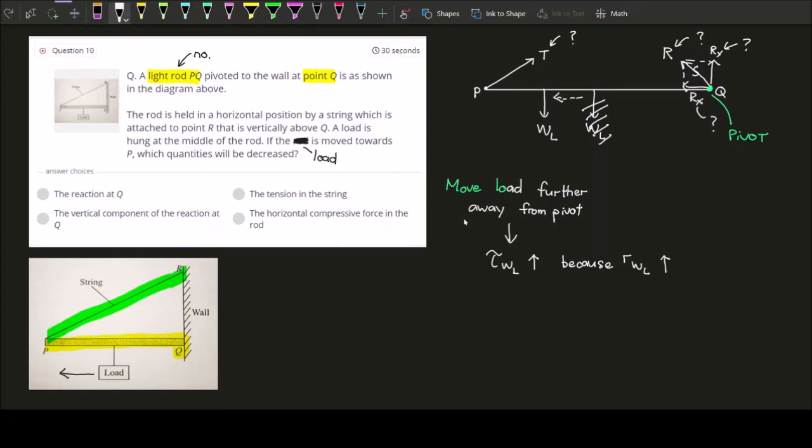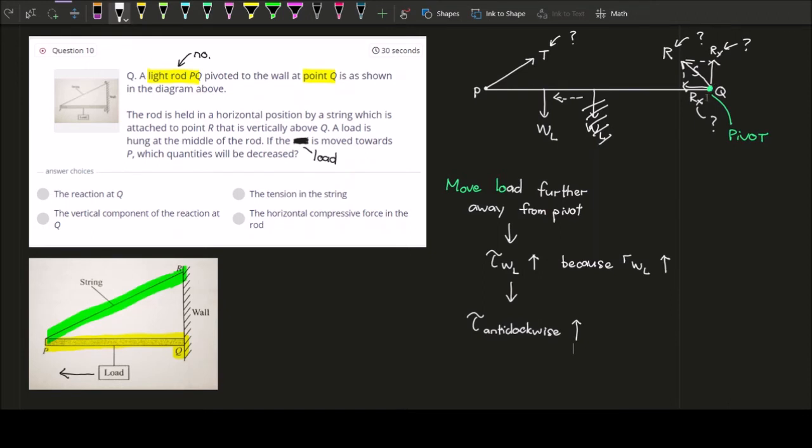Okay, so if this torque because of the weight of the load increases, it means the torque that is causing the rod to turn anti-clockwise will increase. Okay, so we have two forces left.